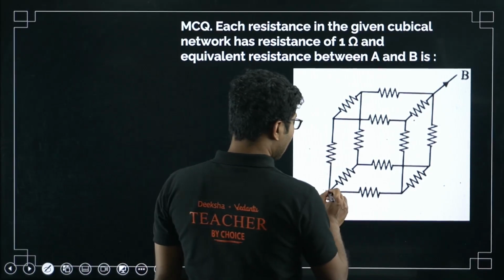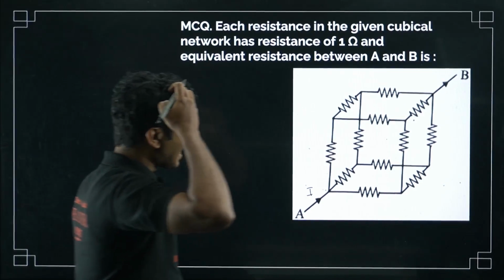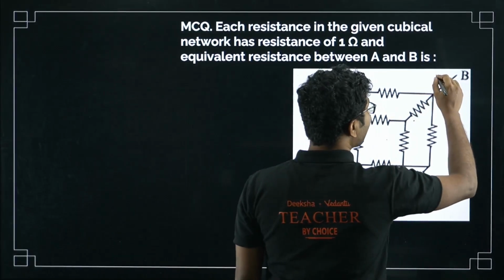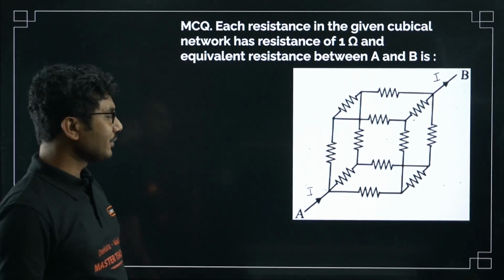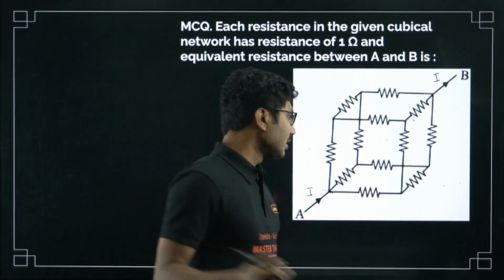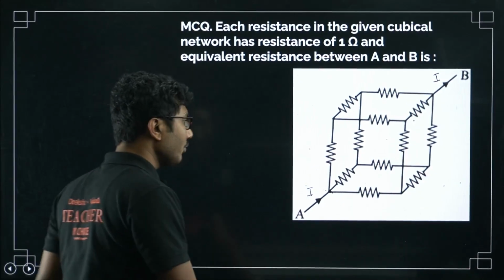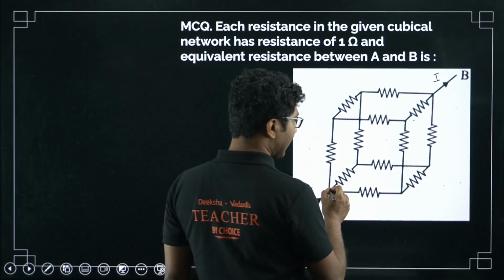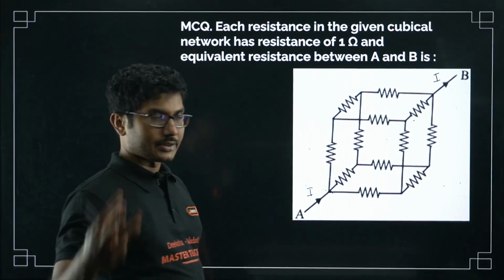So this current I is entering this loop, and if current I is entering, the same current will exit the circuit, right? Now if you start from here, what is the minimum path to reach this point? The minimum path you can take is 1, 2, 3 resistors.